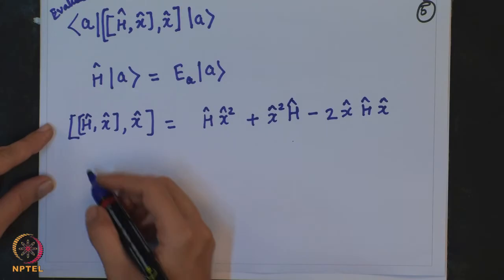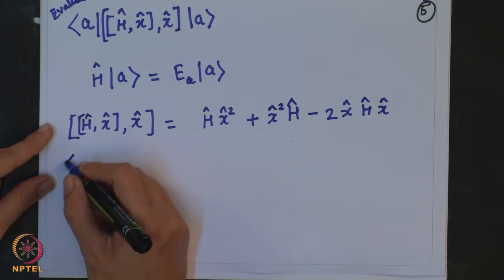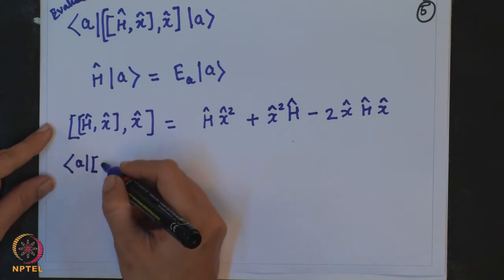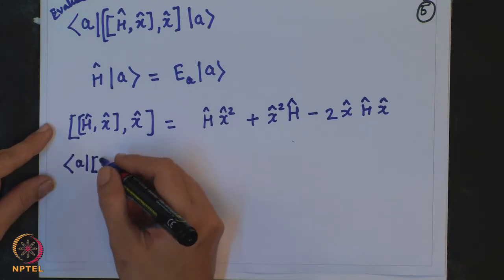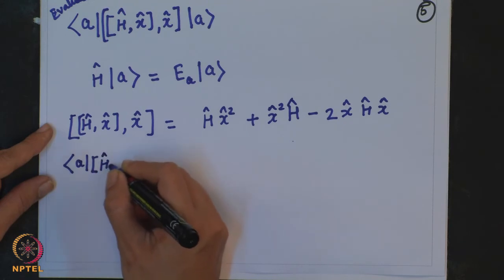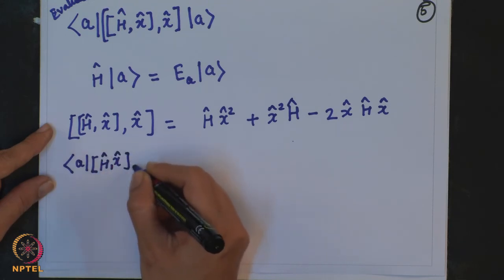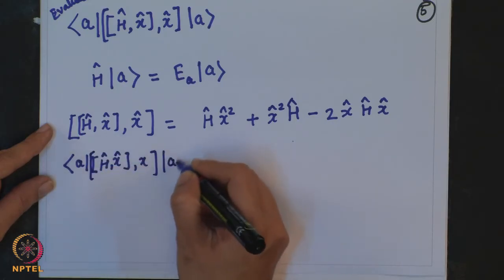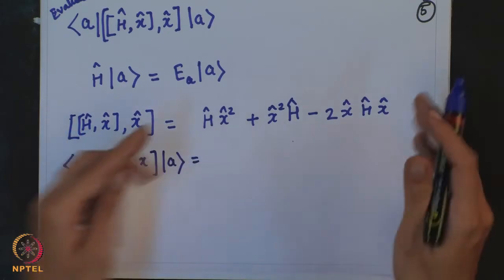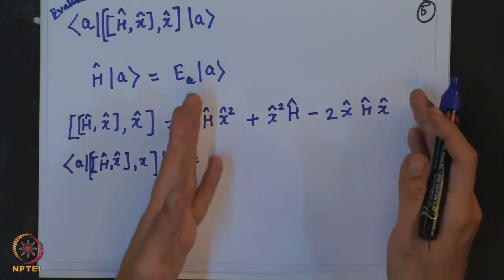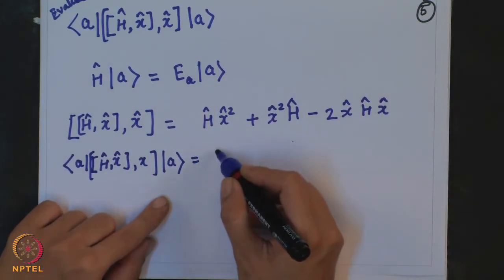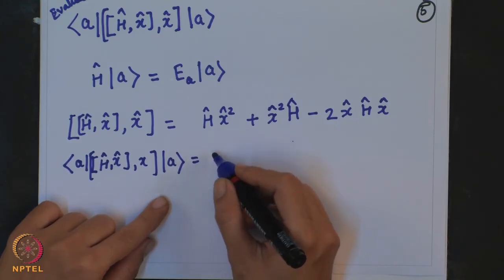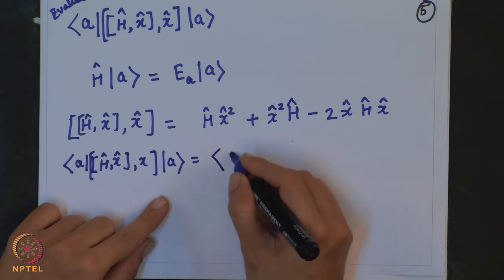Now, you take this operator and sandwich it between the eigenstates a. When I place this entire thing on the eigenket a, what I obtain is that the first term would give me a.